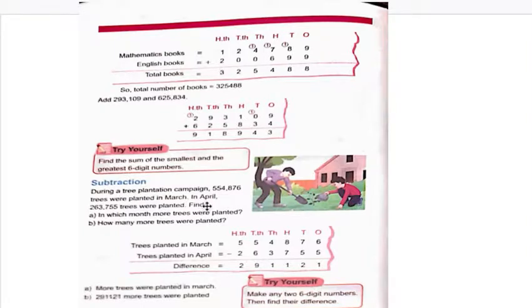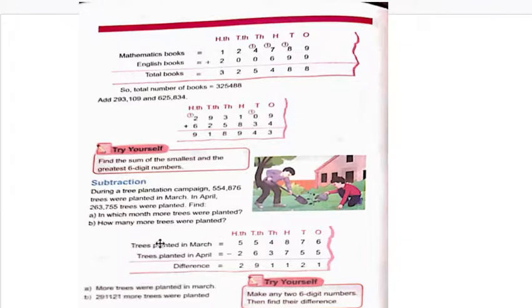Subtraction. During a tree plantation campaign, 554,876 trees were planted in March. In April, 263,755 trees were planted. Find in which month more trees were planted. How many more trees were planted?